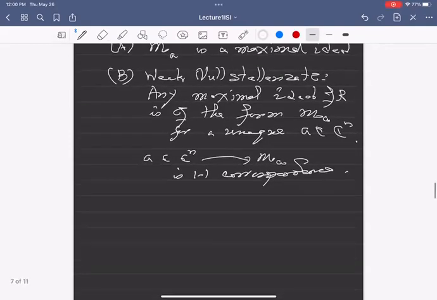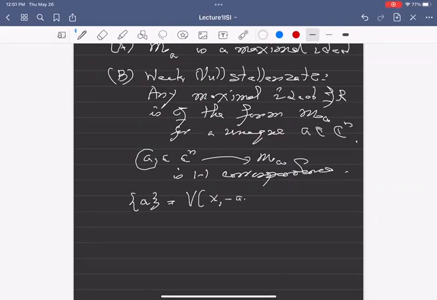A single point is an algebraic variety. It is the set of common zeros of these polynomials, x1 minus a1, x2 minus a2, and xn minus an. Okay. So the smallest non-empty algebraic varieties are singletons, but they correspond to the largest ideals in the ring. So when you shift from geometry to the algebraic side, there is a reversal.